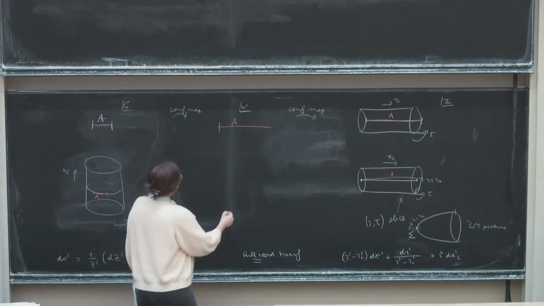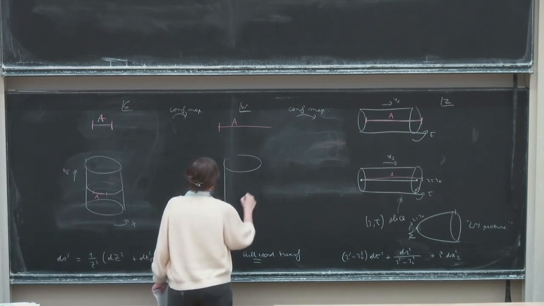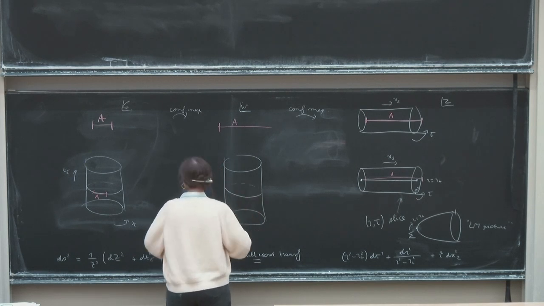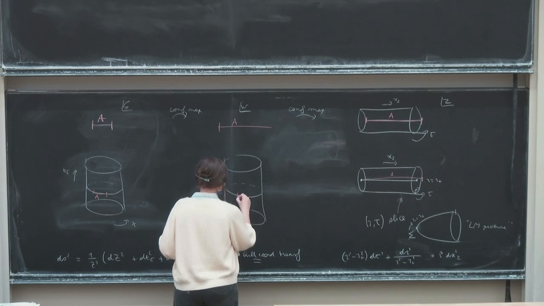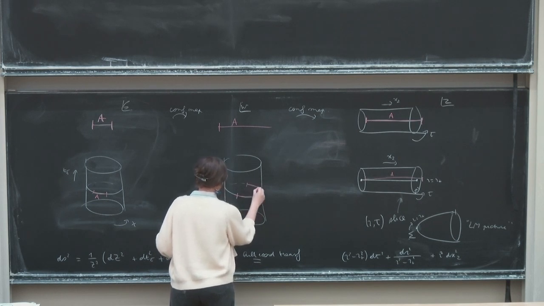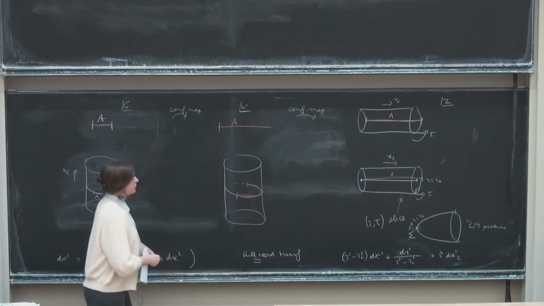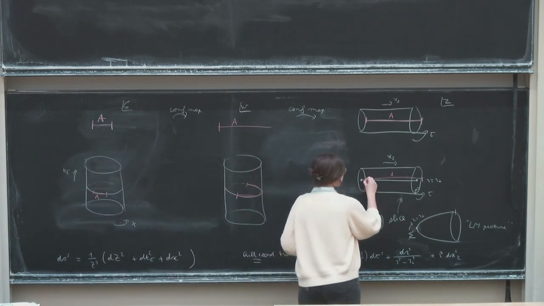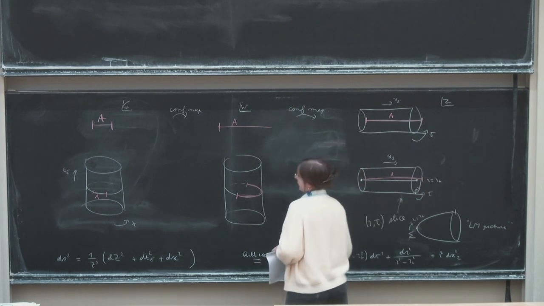And then in the picture in between, I've set A to be half of the system. I have A to be something like this. And then at the end, this is supposed to be a straight line. I have this.